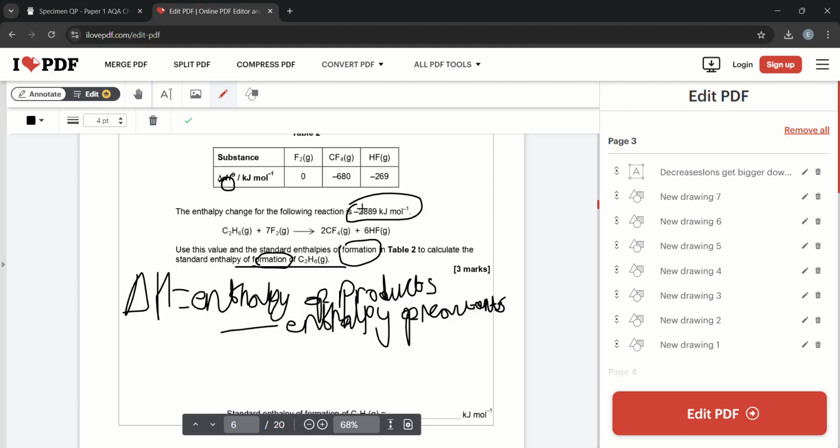So we know delta H is minus 2889, and that is equal to enthalpy of products.